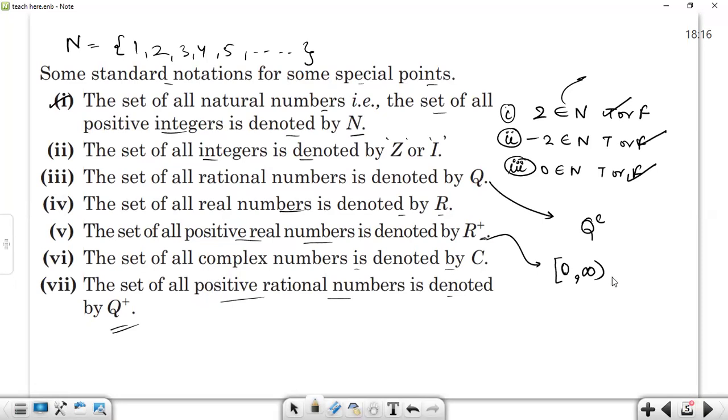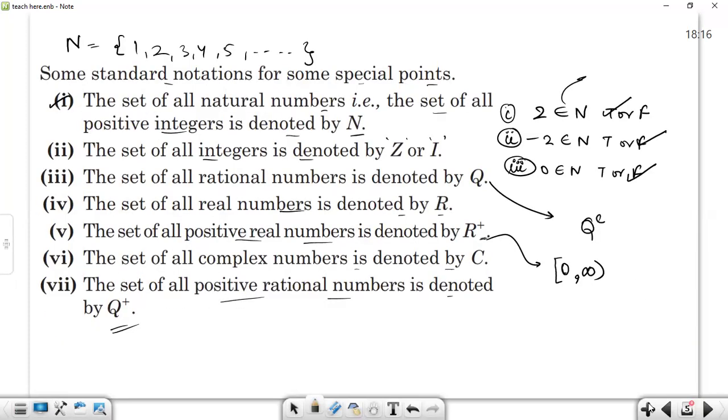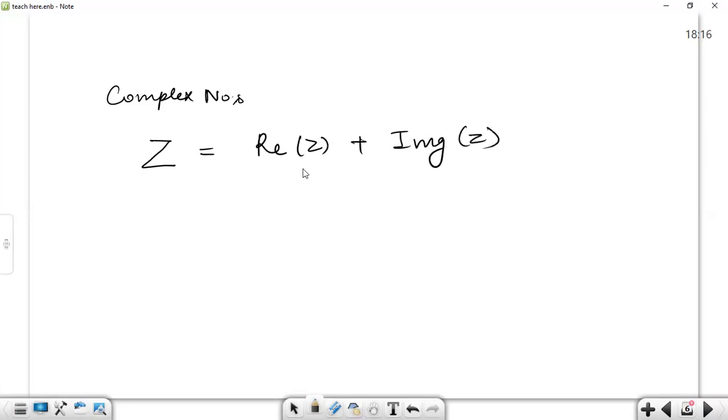So what are complex numbers? We have also discussed this earlier in the basics of mathematics class. Complex numbers are represented by z and are made of two parts. One is the real part of the complex number, the other is the imaginary part. The real part is just like real numbers, so there is nothing new about it.